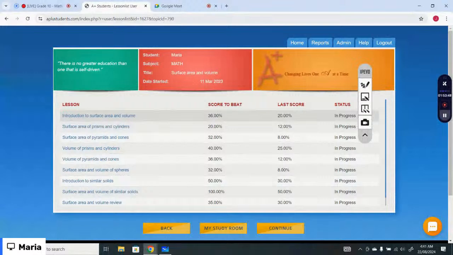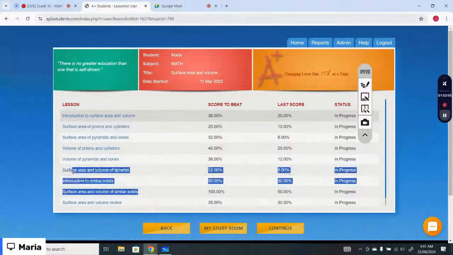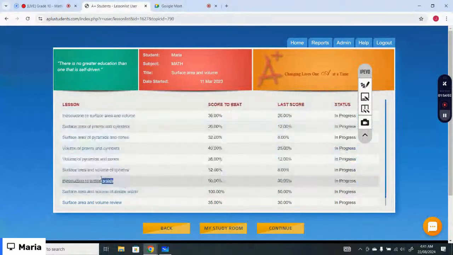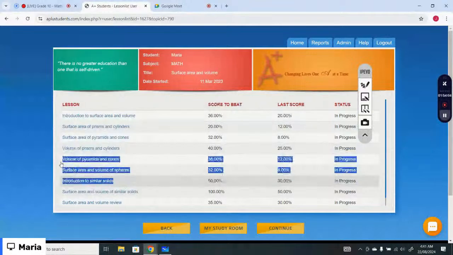The chapter we were working on is surface area and volume. The lessons we have covered today are volume of pyramids and cones, surface area and volume of spheres, and introduction to similar solids, right?